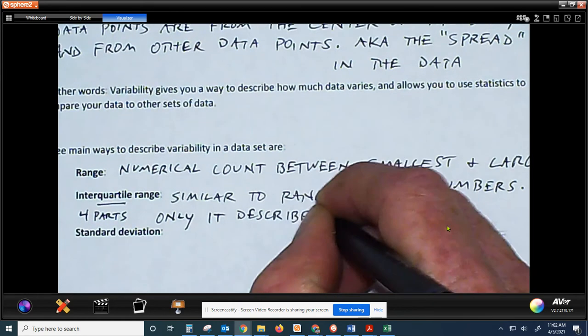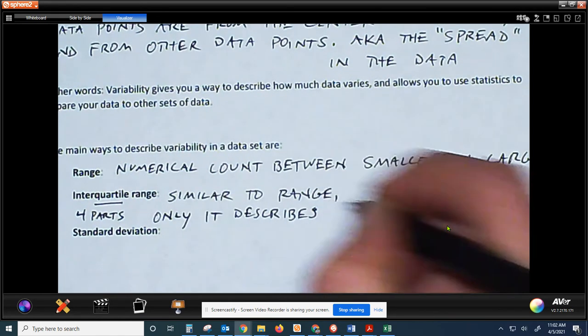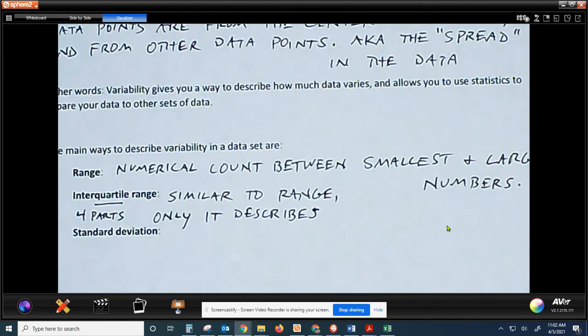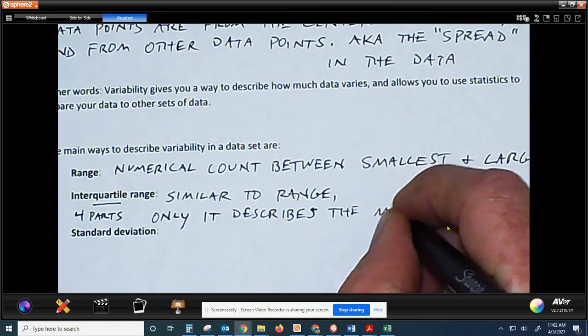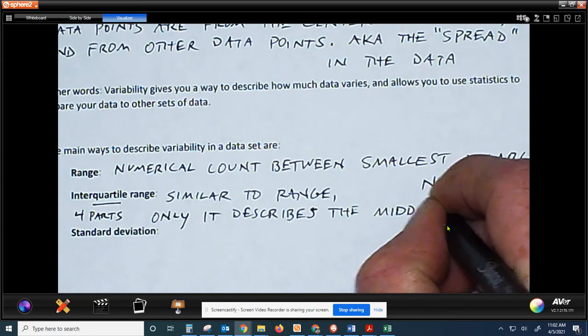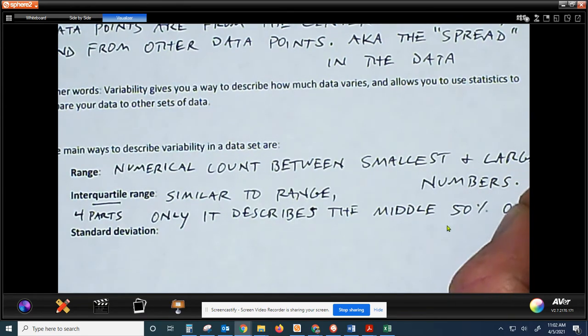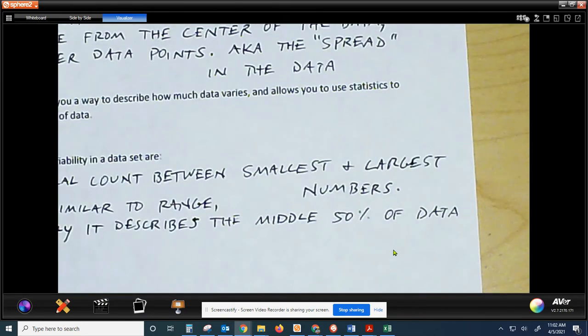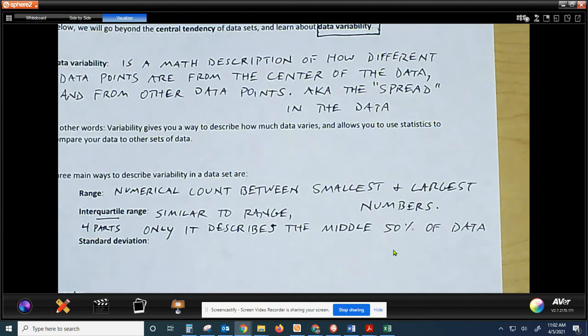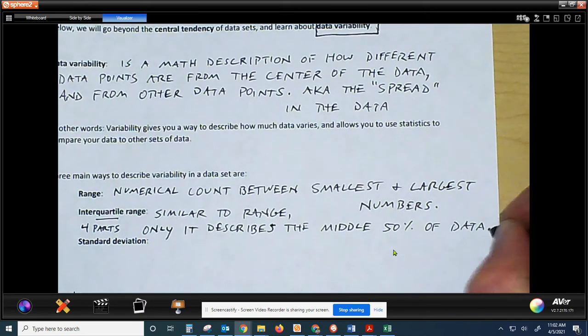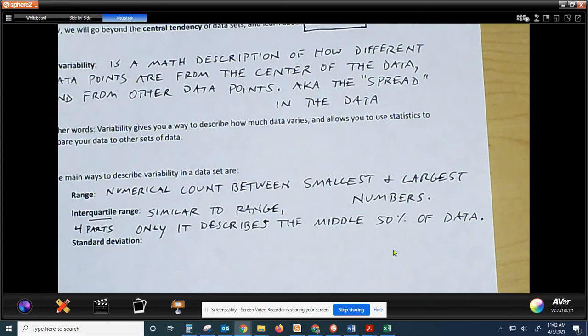So it doesn't give you a full picture of the range, like biggest to smallest. It tells you more about the middle 50%. Interquartile range is similar to range, only it describes the middle 50% of data. And you'll see a graphic representation today that'll help you understand.